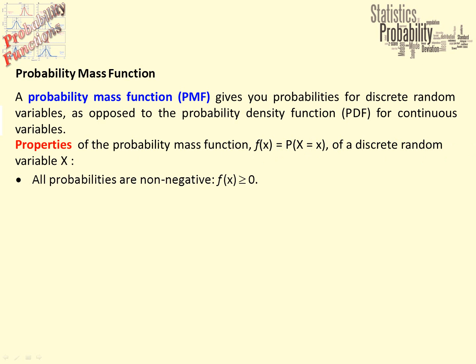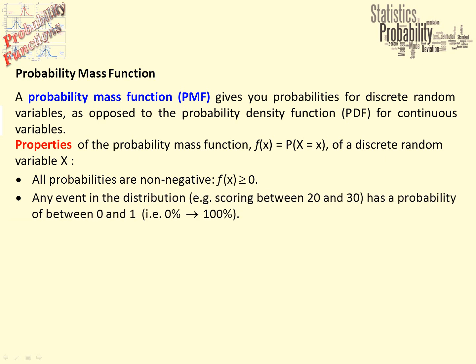Some properties. First of all, probabilities are non-negative. Notice it doesn't say positive, because 0 can be included. Any event in the distribution, such as scoring between 20 and 30, has a probability of between 0 and 1. 0% to 100%.